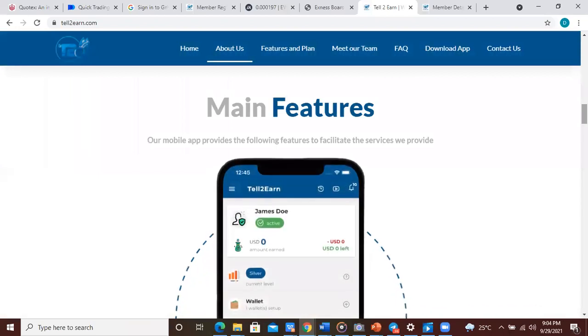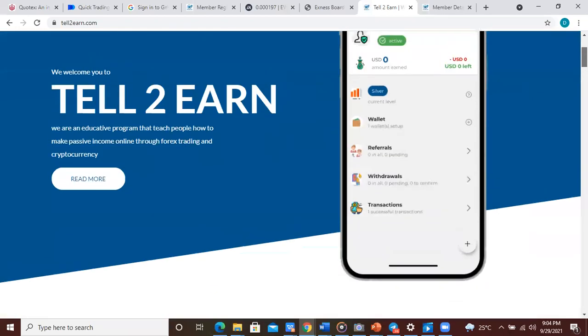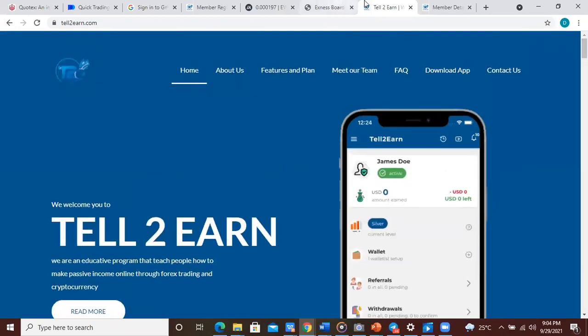This particular session is going to be very short and brief. There is no time, we need to start trading real accounts soon.